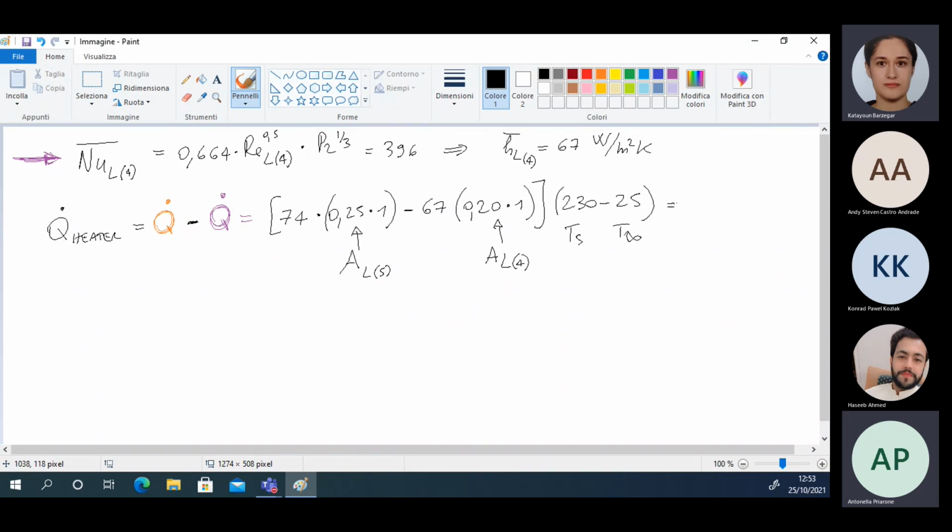And I obtain finally 1046 watt for heater 5. That is less than for heater 1. So heater 5 for sure is not our selected heater. So it's not the heater with the maximum input. Is it clear?